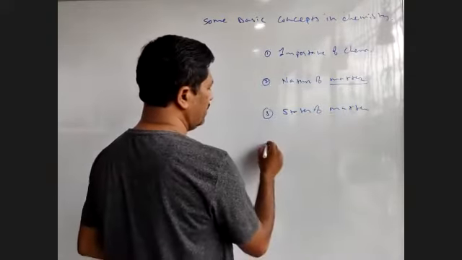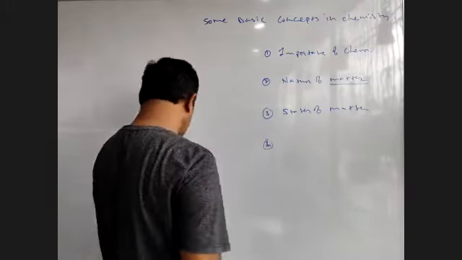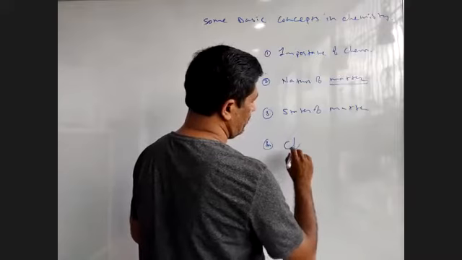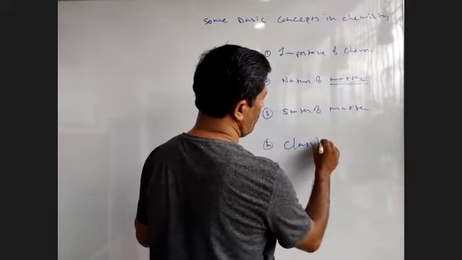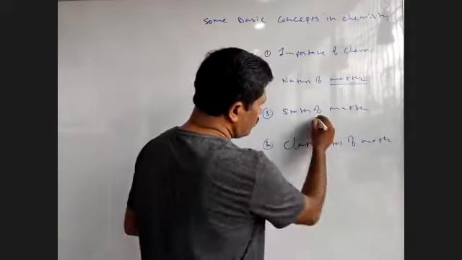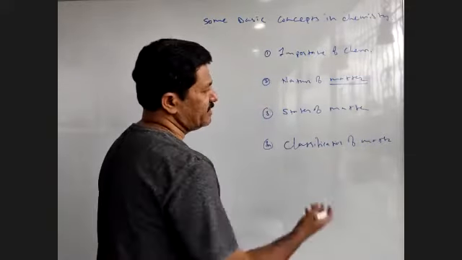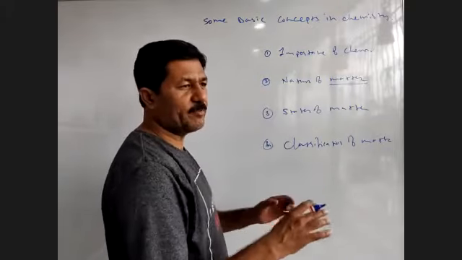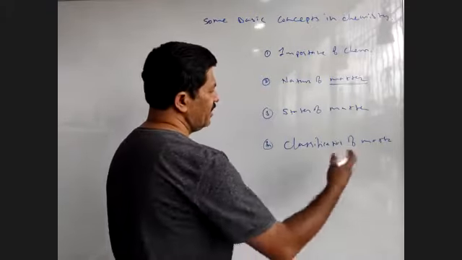Number four, we have to discuss the classification of matter. The three states of matter are also a classification, depending on different criteria. What criteria we apply, according to that we have this classification topic.